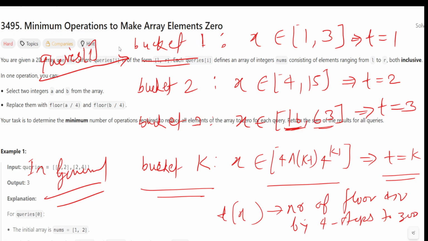And this is what is happening here. If we create a function that gives the count in the bucket, at the bucket level, we are good to go.